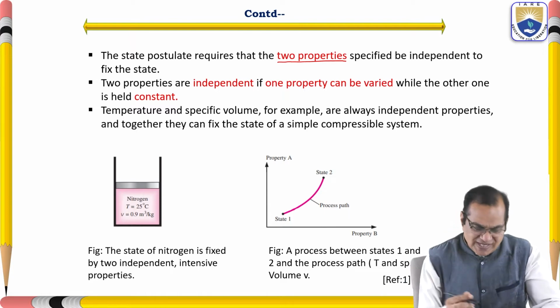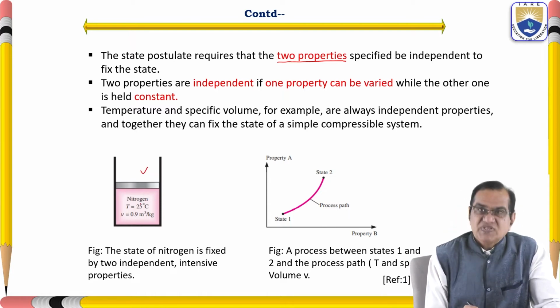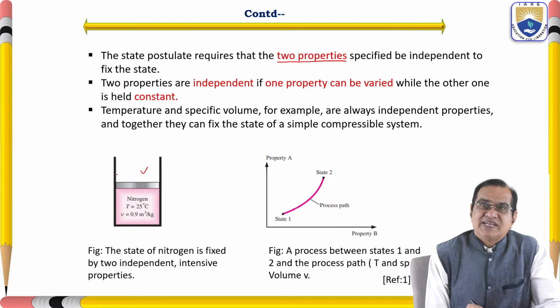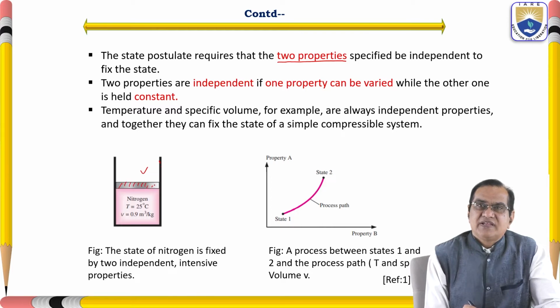You can see this diagram here. We have a cylinder and a piston, and inside we have nitrogen. To specify this state, we need two properties, either P, V or T. Any two properties we can take.